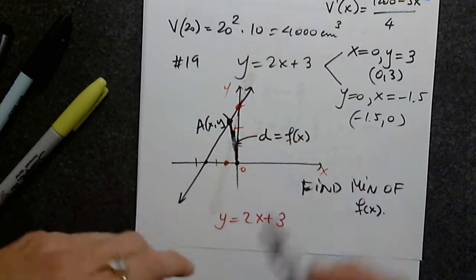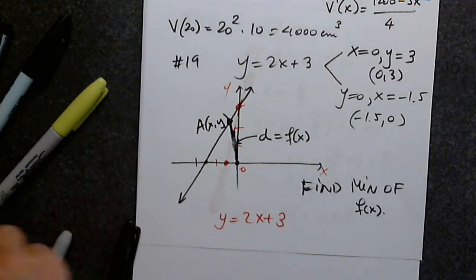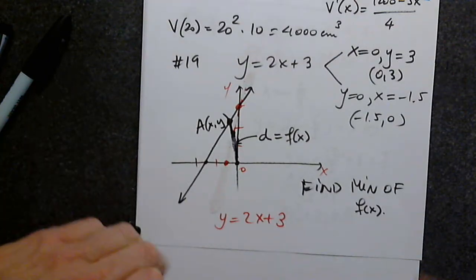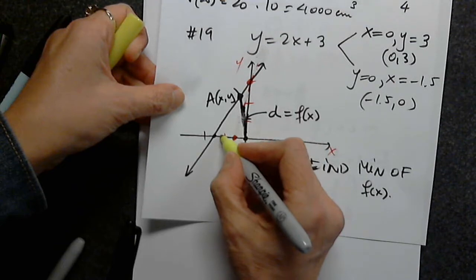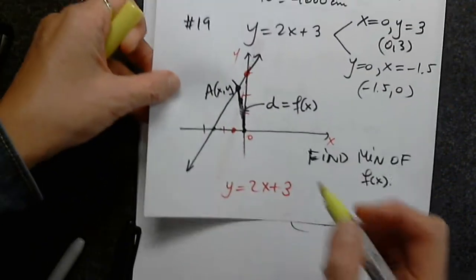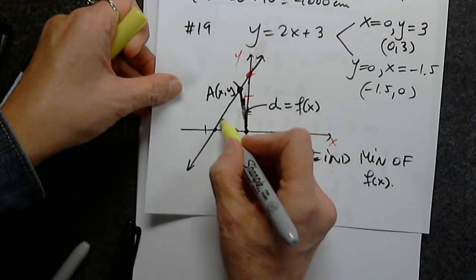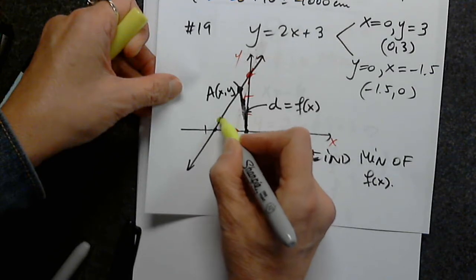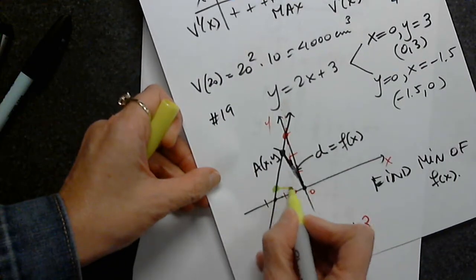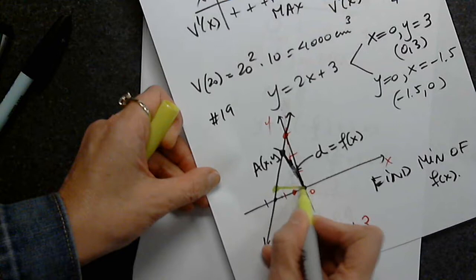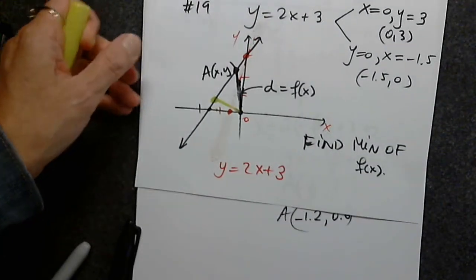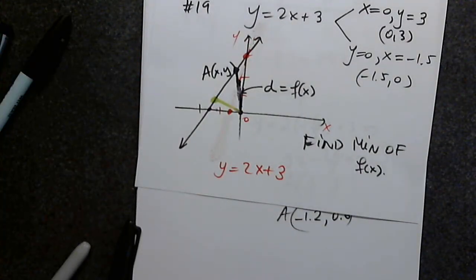Okay, so now where is the true point? Once more, it is at negative 1.2 and 0.6. So this is the shortest possible distance from any point on this line to the origin.